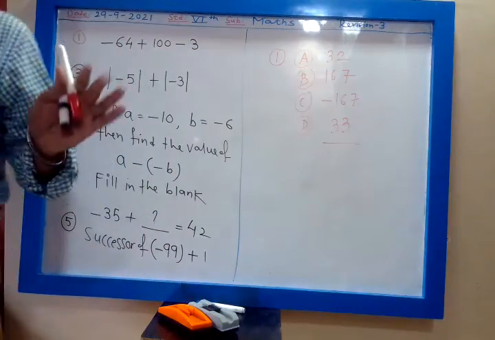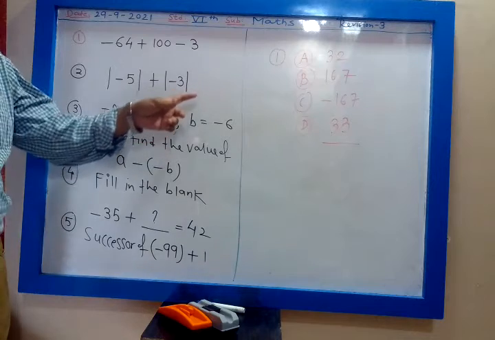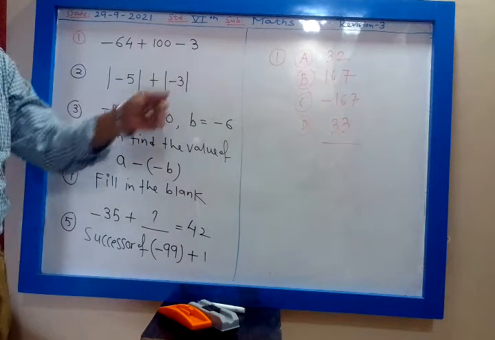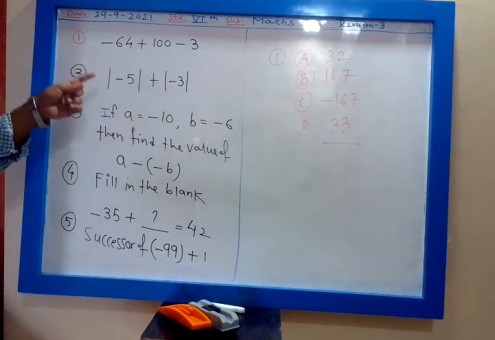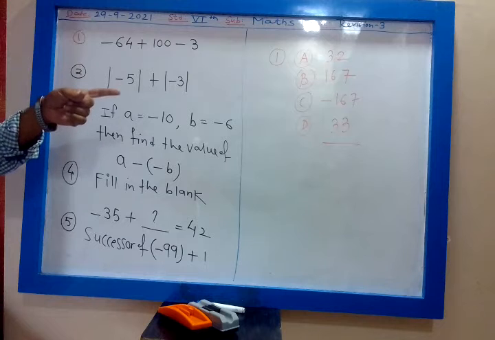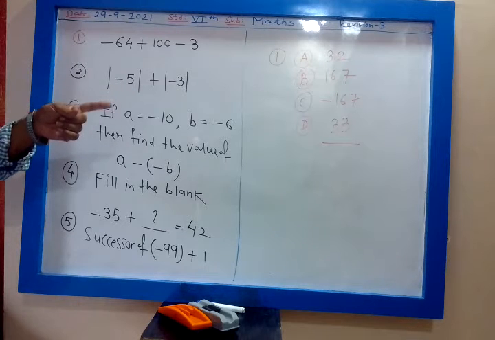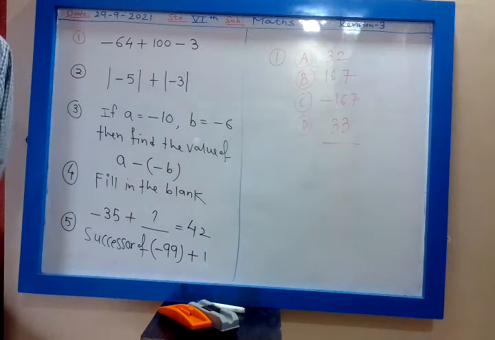Okay, wait. For the first one I have written the options. Option A 32, option B 167, option C minus 167, option D 33. Now start sending me the answer.